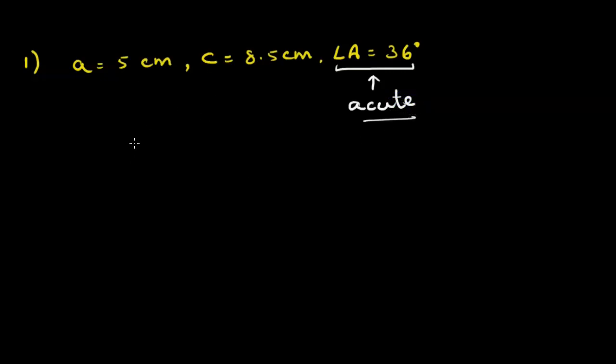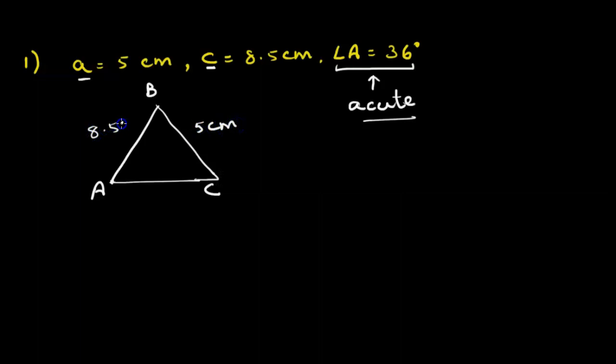Let's make this kind of a triangle. This is side A, this is angle A. We are given side C and side A. So let's put C here and let's put B here. Side A is 5 cm, side C is 8.5 cm, and angle A is 36 degrees.